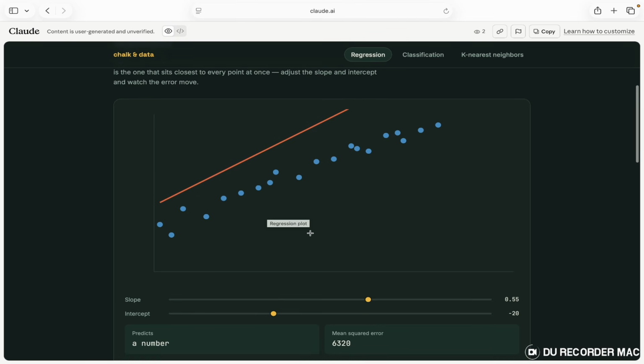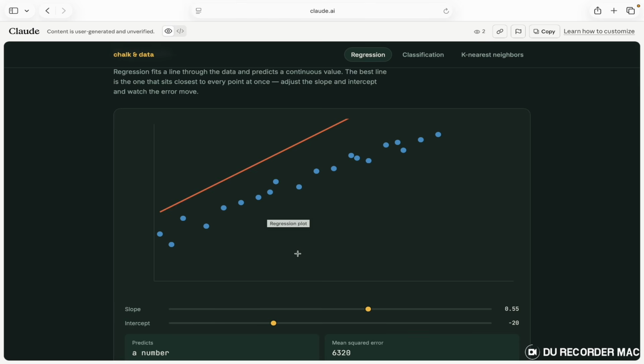Suppose house sizes go here on this x-axis, and suppose this is the house prices on the y-axis.